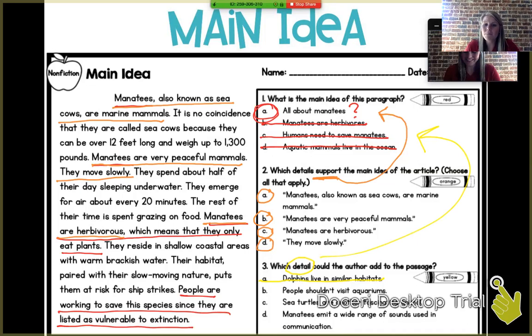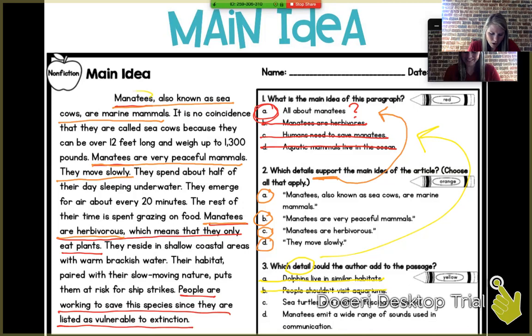B says that people shouldn't visit aquariums. Now, I don't know about you, but looking back at my text, I don't see anything about aquariums in here. So I don't think that that's going to be a detail that would match our main idea. So we're going to slash and trash that as well. D says sea turtles are another fascinating animal.